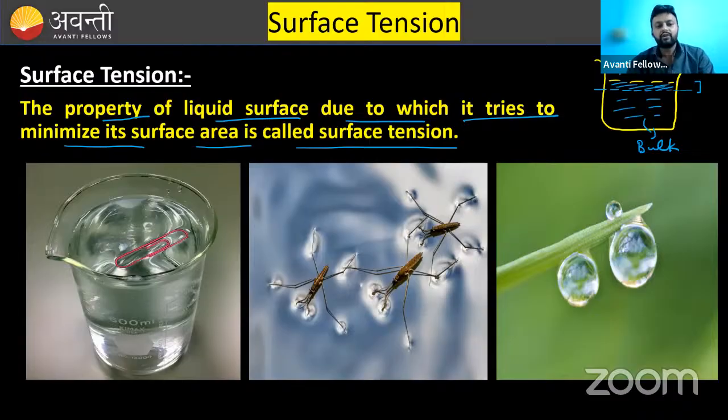Clear? So if it tries to minimize its surface area, then I can give you an analogy. Just take a balloon. Cut it out and take some portion of the balloon's rubber. A balloon has a rubber kind of property.